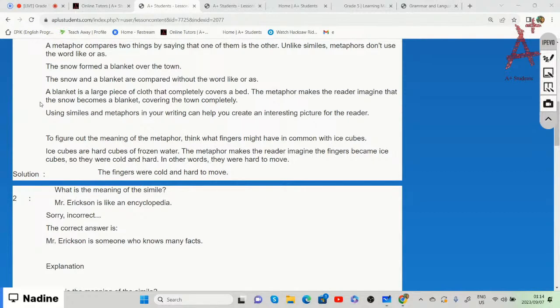And the metaphor makes it easy to imagine the fingers became ice cubes, so they were cold and hard. In other words, they were hard to move. They were as ice cold and stiff as an ice cube.